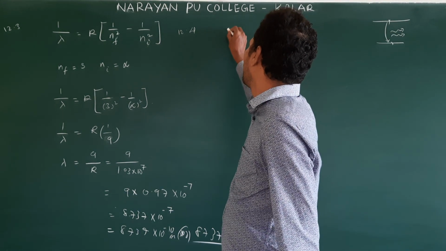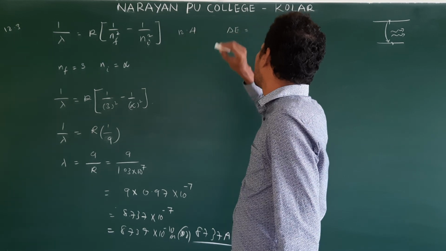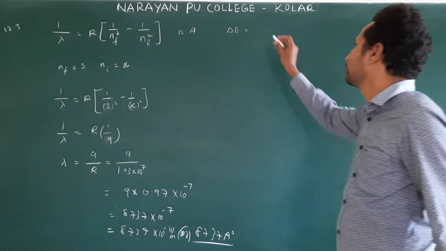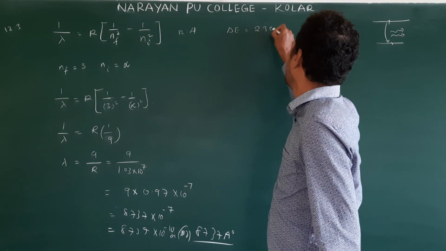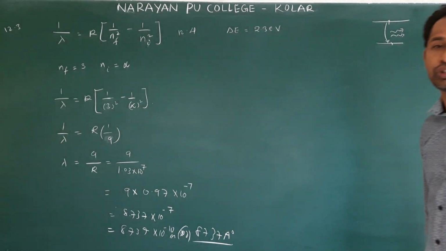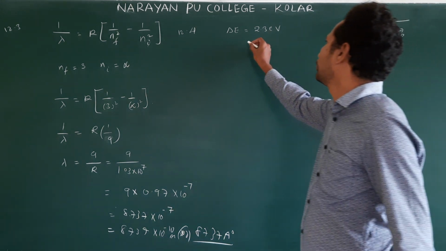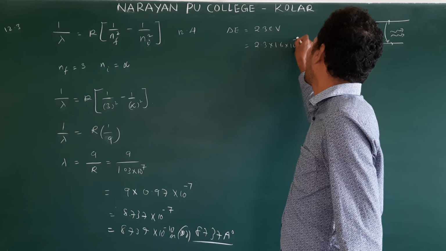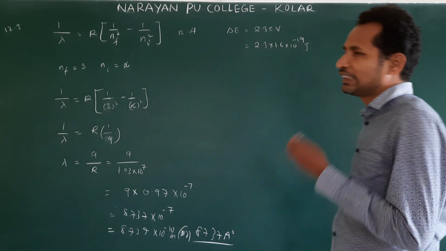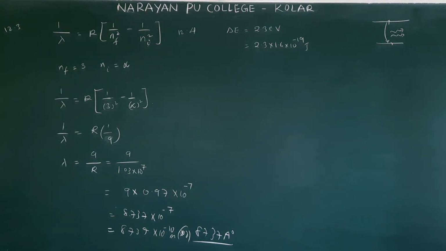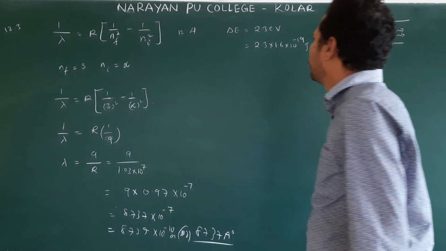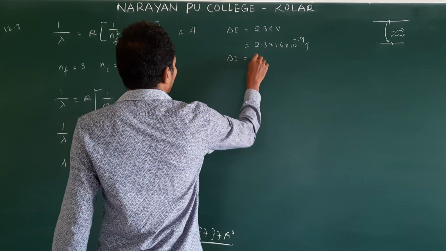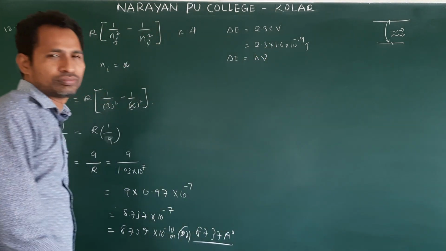So the difference in energy they are giving, delta E, is equal to 2.3 eV. This we need to convert into joules. So 2.3 into 1.6 into 10 power minus 19. This is the conversion, multiply with the charge of the electron. According to the second postulate, difference in energy is equal to h nu.